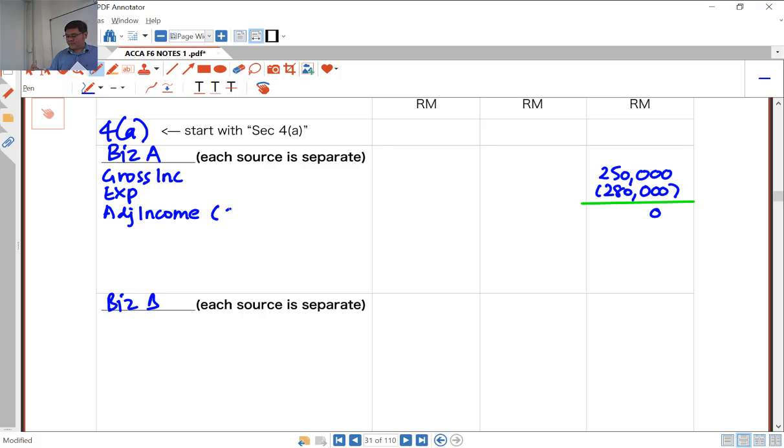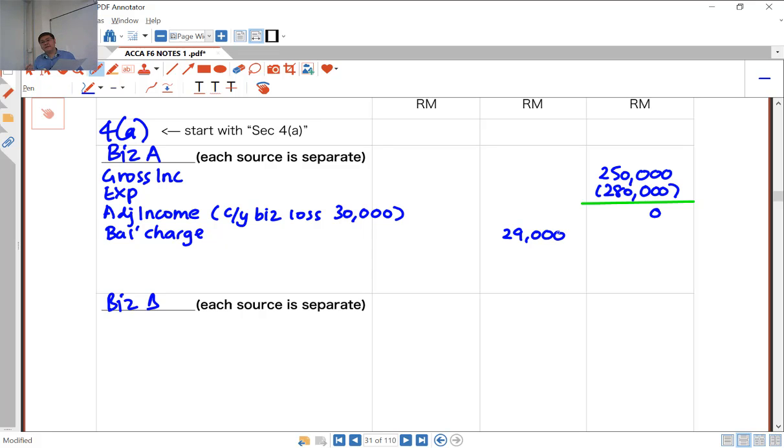And at the side, I will describe this as a current year business loss, 30,000. Now for business A, we have a balancing charge there. So you have to start with balancing charge. If you have not started with balancing charge, your answer is wrong already. So you start with balancing charge, 29.